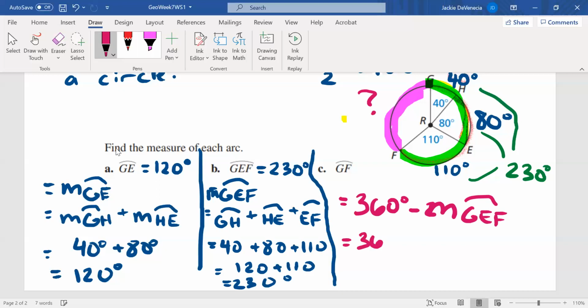So you're doing 360 degrees minus 230 degrees, and you're going to end up with 130 degrees. So this one will be 130. That is how we are finding these arc measures.